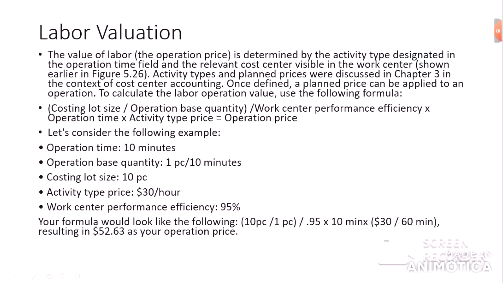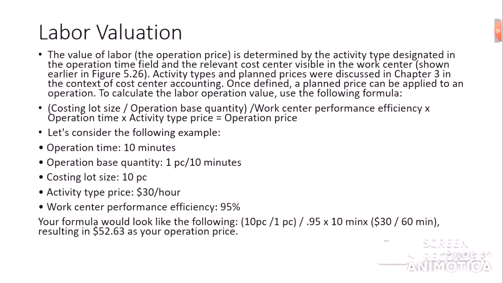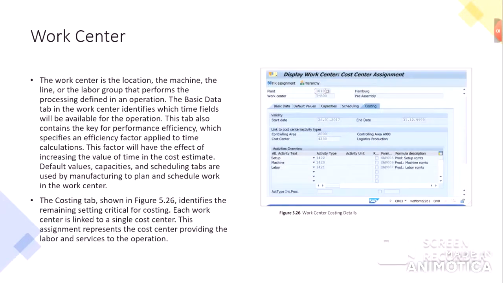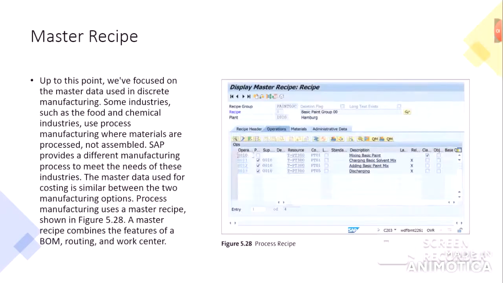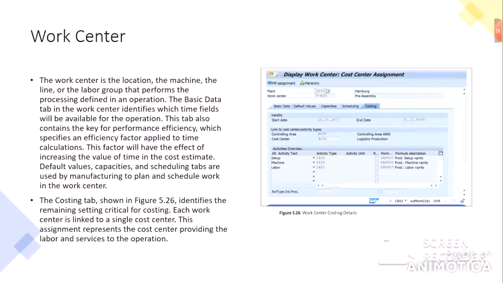And labor valuation, the value of labor, the operation price, is determined by the activity type designated in the operation time field and the relevant cost center visible in the work center shown in figure 5.26. So relevant cost center visible in the cost center.